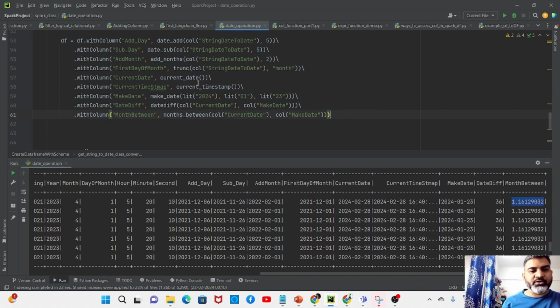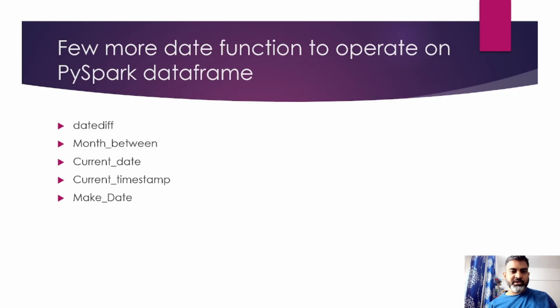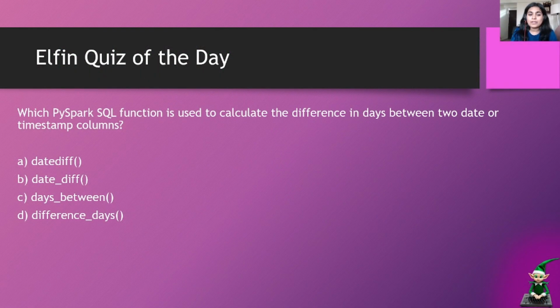This is how we can make use of current_date, current_timestamp, make_date, datediff and months_between functions. I hope you have understood all these five different functions which we took in this practical.